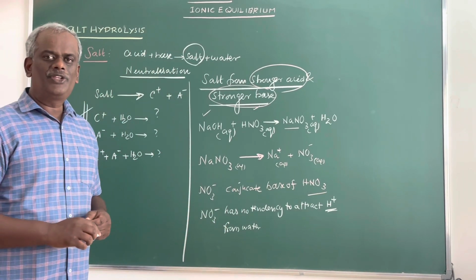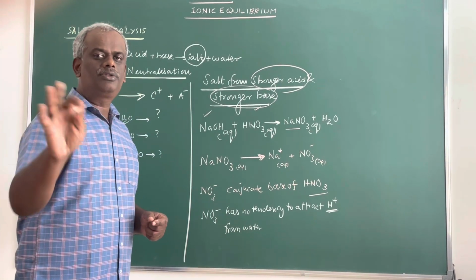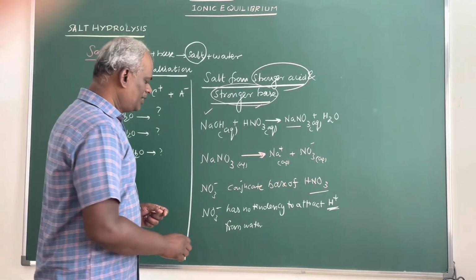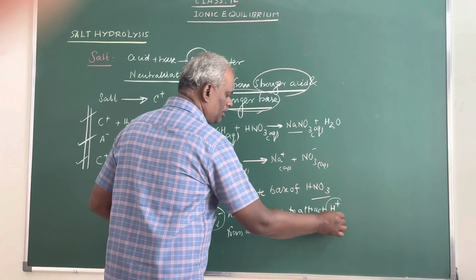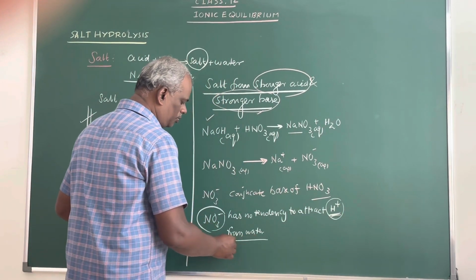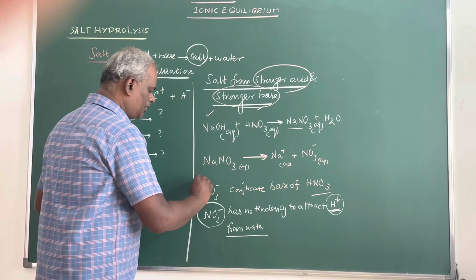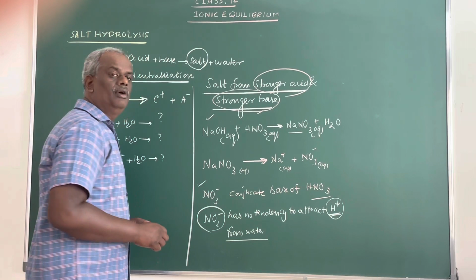Because HNO3 is dissociated to form H+ and NO3-. Once NO3- is obtained, it does not have the tendency to combine with the H+. It means it does not react with water. It is just due to it being the conjugate base of HNO3.